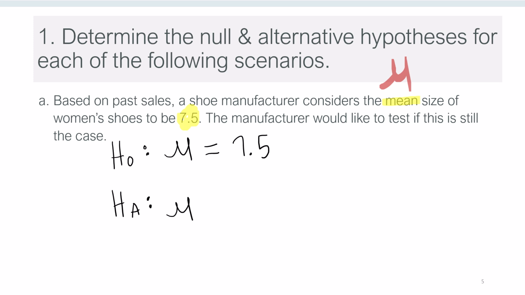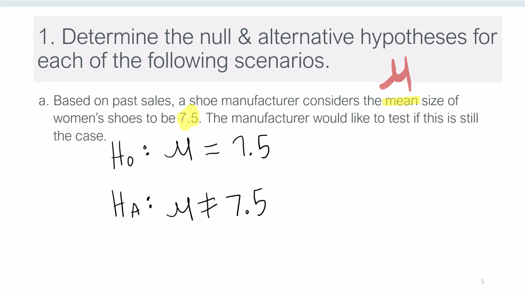He's not saying that he thinks women's shoes are greater on average than 7.5 or less than 7.5. He's just wondering, is it still 7.5? Since he's not leaning one way or the other, we just use a not equal to for our alternative hypothesis.